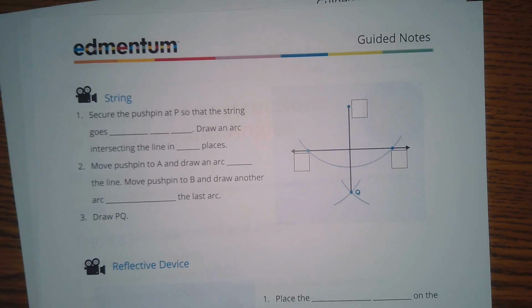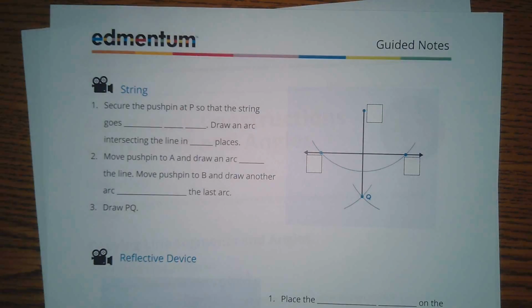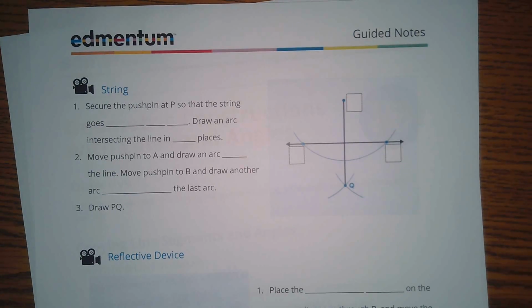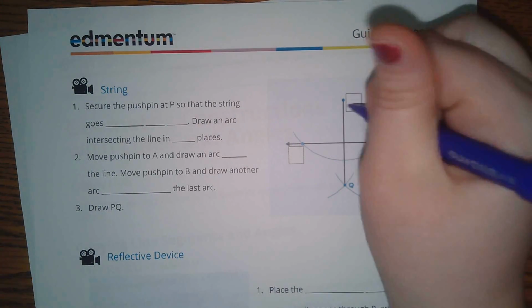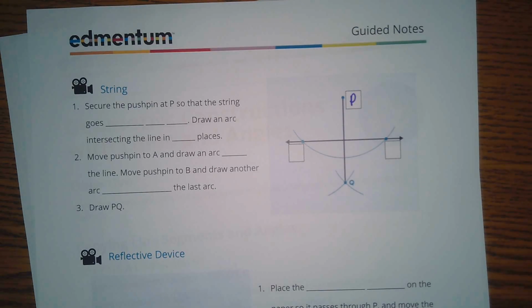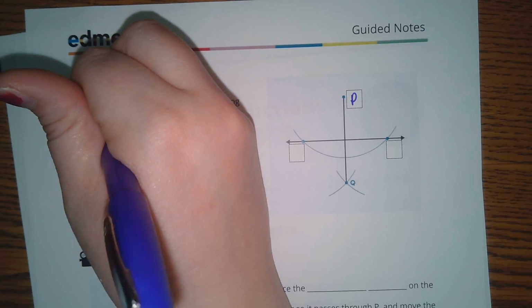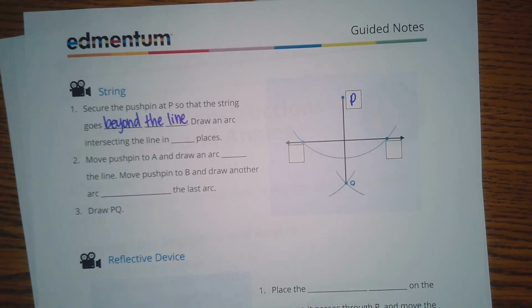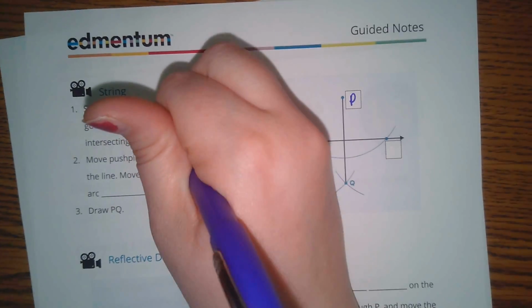Now I can also use some string to make some perpendicular lines. So for the string method, I'm going to secure some type of pin at this point P up here so that the string goes beyond the line. I need to draw an arc that intersects the line in two places.